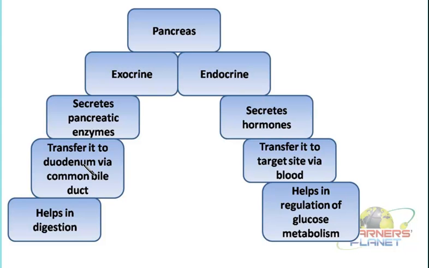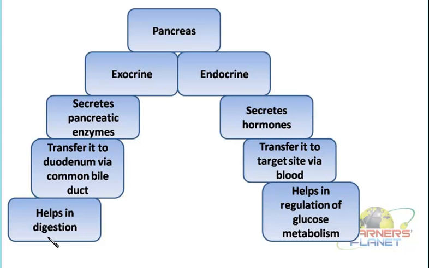Now the point is, what material is secreted by the exocrine part of the pancreas? These exocrine glands secrete several enzymes which we commonly call pancreatic enzymes. These pancreatic enzymes help in digestion.